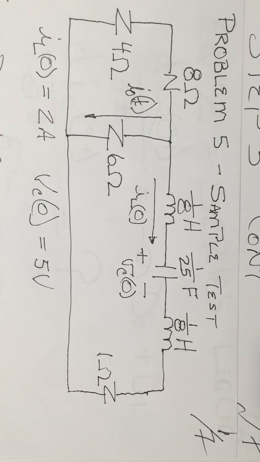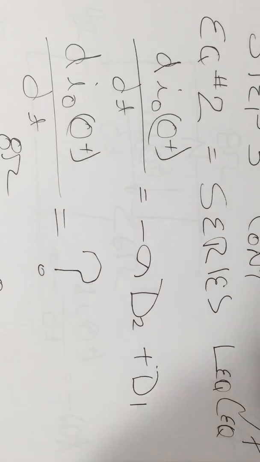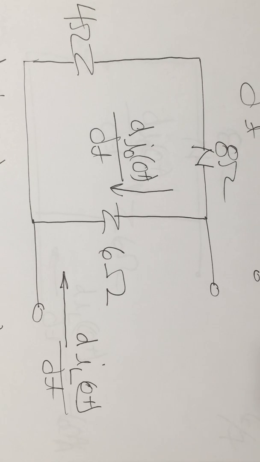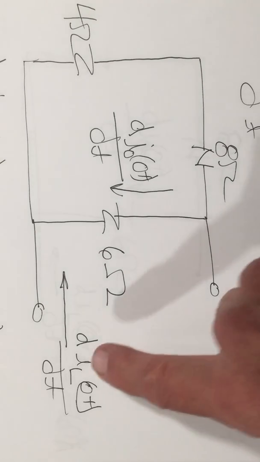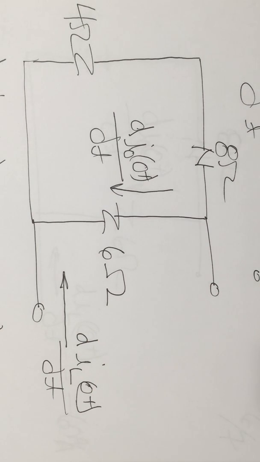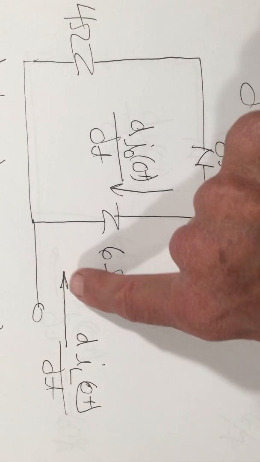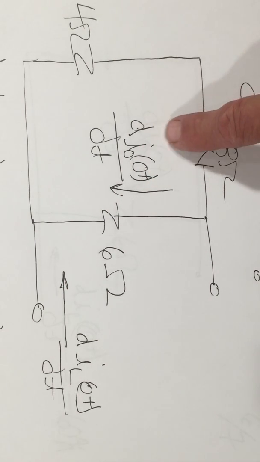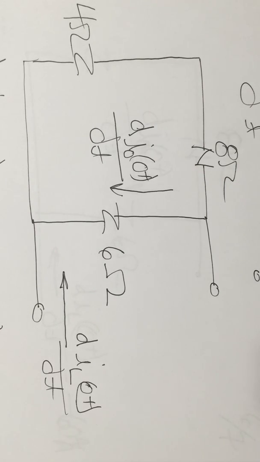Current divider still has to obey the rules we have set down. I need to figure out what's going on with this circuit right here. If I can find dIL(0+)/dt, I can do current divider and find dIO(0+)/dt. So there's my problem. How do I do that?